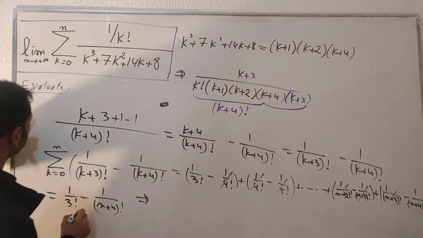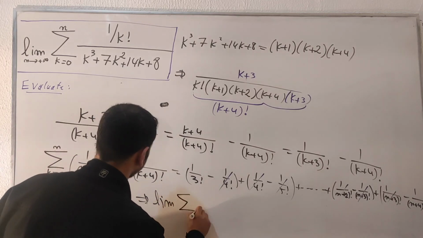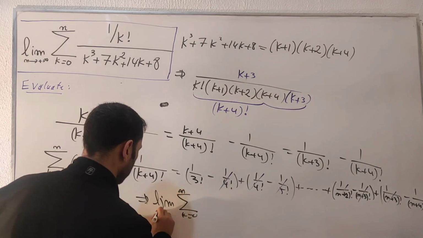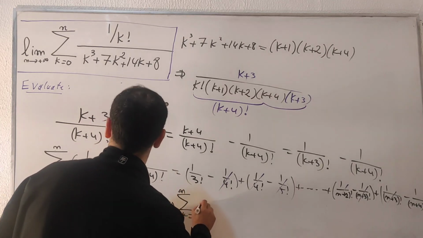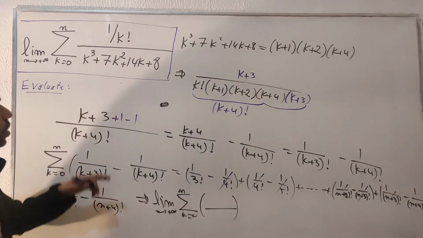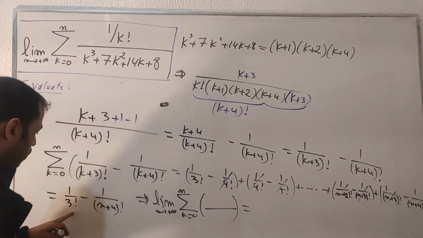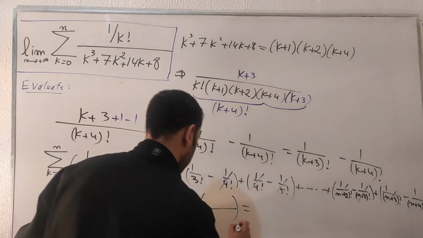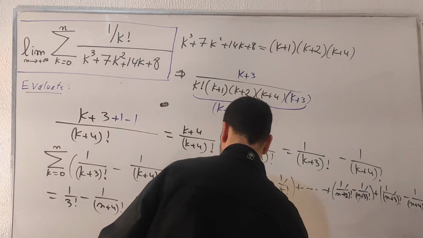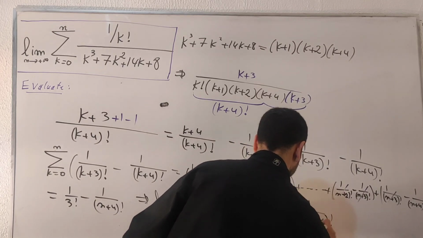Then I apply the limit. The limit of this sum as k goes from 0 to n, as n goes towards infinity, equals 1 over 3 factorial, which is 1 over 6, minus the limit of 1 over n plus 4 factorial.